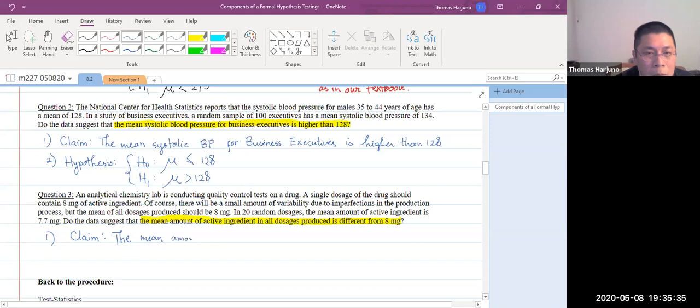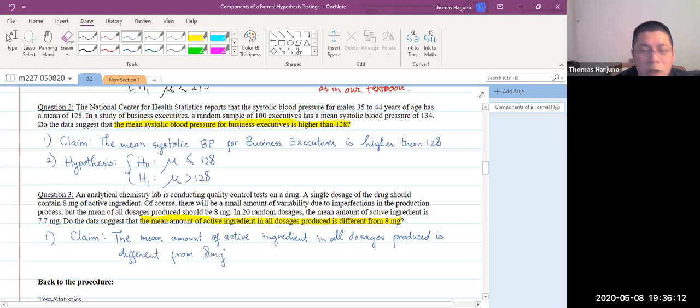Okay, claim: the mean amount of active ingredient in all dosages produced is different from 8 milligrams.